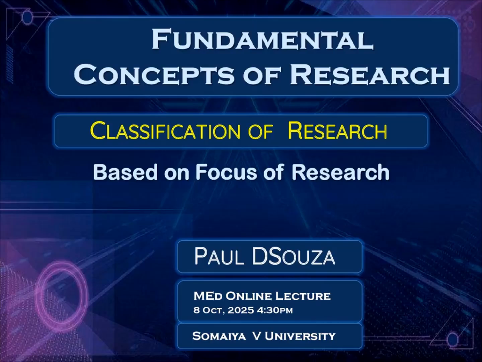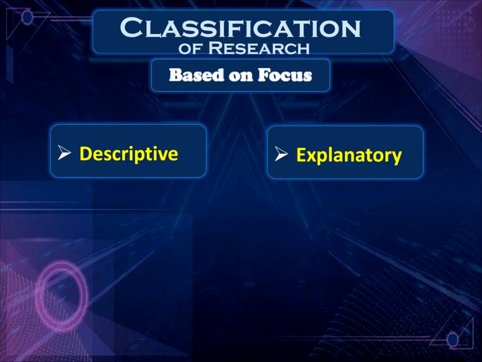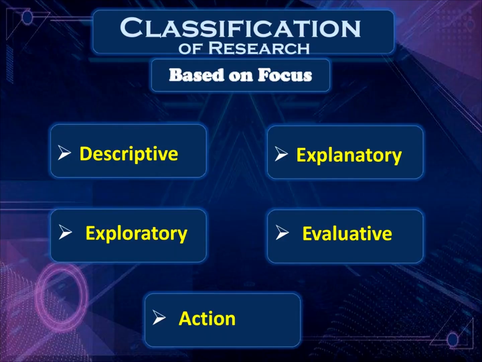So we have come to the end of this classification of research based on focus, where we had descriptive, explanatory, exploratory, evaluative and action research, and we saw how each distinctly clarifies and categorizes a kind of research.